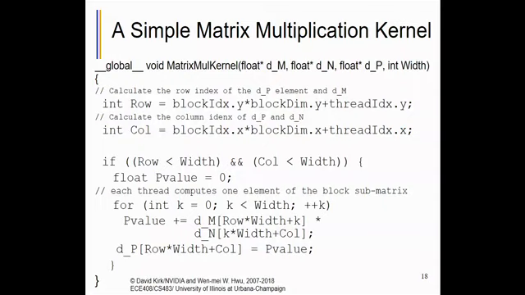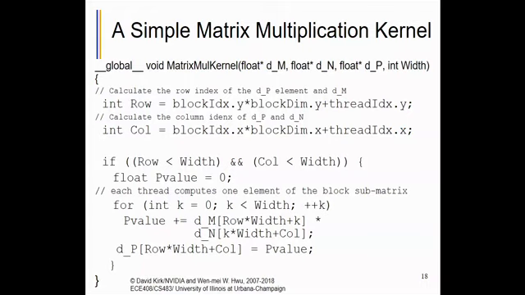After that inner product loop, you have the inner product value in the p-value. You assign that p-value to the P matrix in your global memory using row and column. With a row major layout, that's row times width plus column.